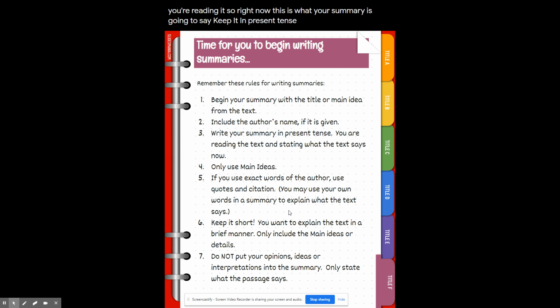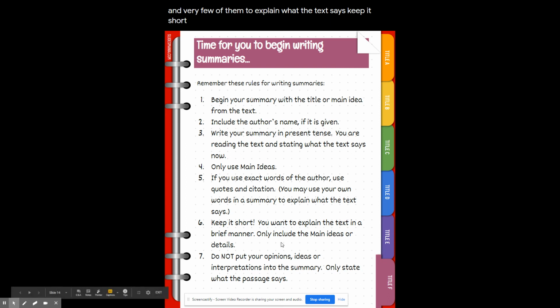Use only the very most important main ideas from your text, and those were the things that you found in answering the who, what, when, where, why, and how. If you use exact words of the author, use your quotes and citation. Normally in a summary, you just want to use your own words and very few of them to explain what the text says.